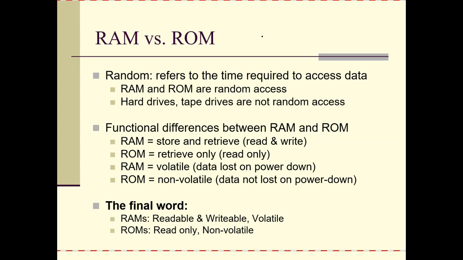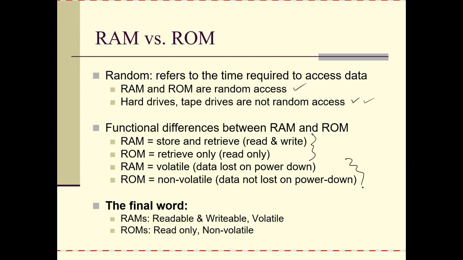Now this is special because devices like tape drives and hard drives, the spinning hard drive, are not random access. It will take a variable amount of time depending on where you are on the read heads or where you are in the tape. So the functional differences between RAM and ROM are: RAM, typically you read and write it. ROM, you can only read it. The other important thing here, RAMs are volatile, which means you lose the data when you turn off the power.